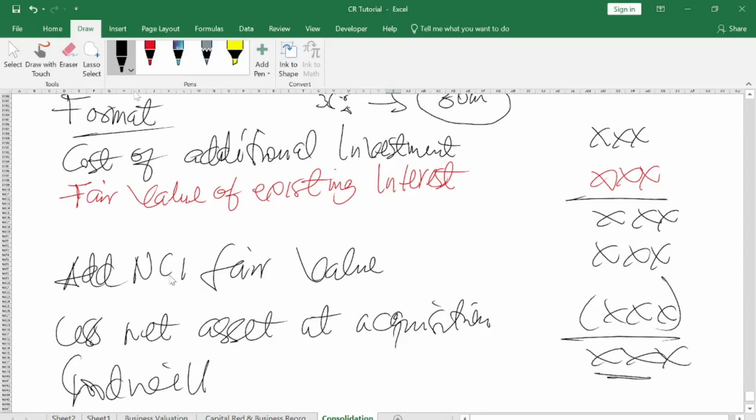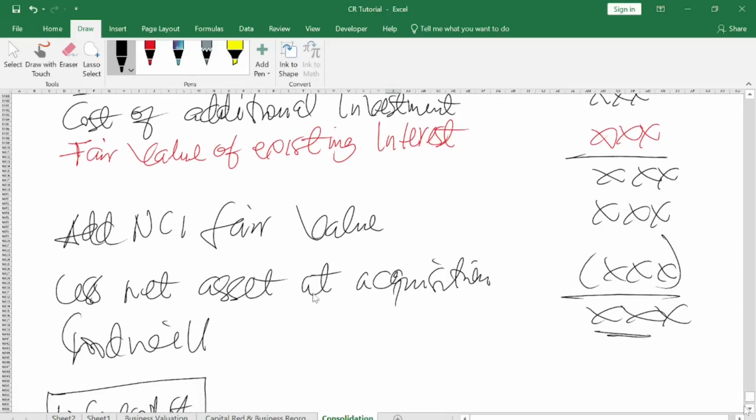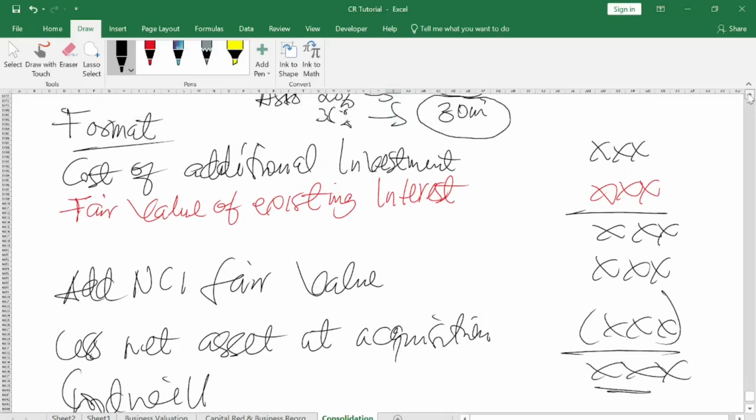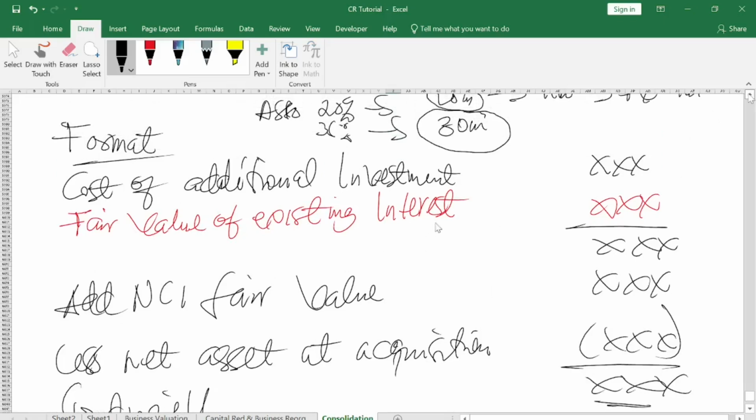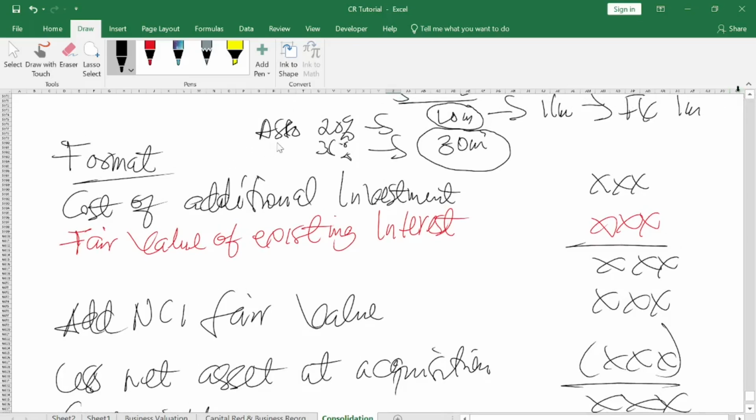Add NCI fair value. If it is not fair value, you use the proportionate method. Then you less net asset at acquisition. All these processes are the same. So when we are doing no control to control, the difference that comes in is only when you are determining the goodwill. That is where the difference is, and that one too is not anything difficult. I've already told you, they will give you the fair value of existing interest. I demonstrated here that if you have an associate of 20% of the company, and you've now acquired the company, maybe you now purchase 35% in addition.